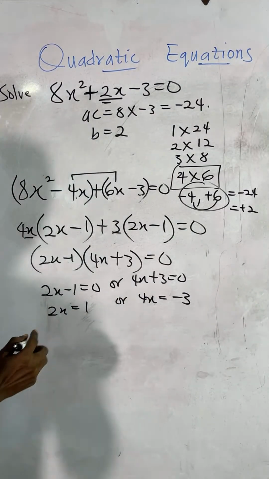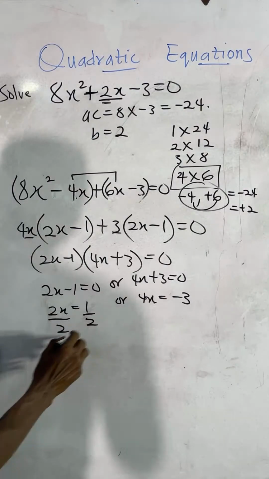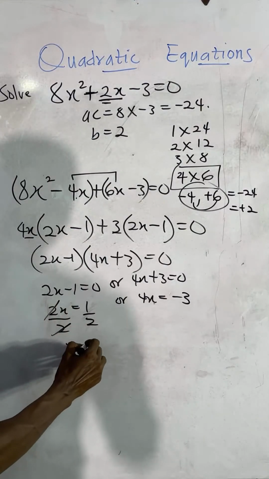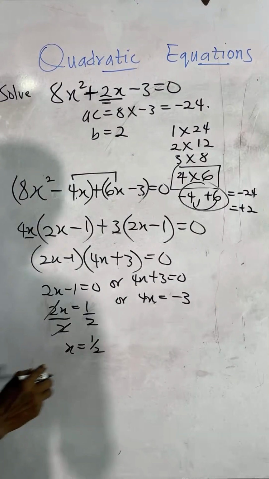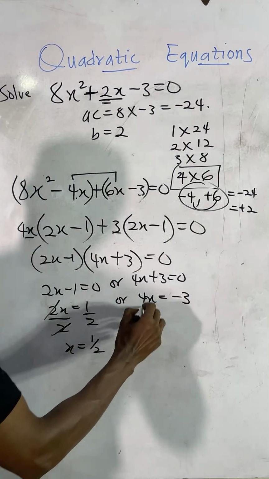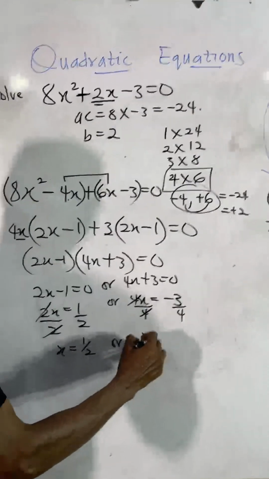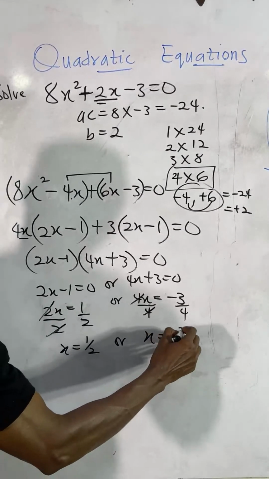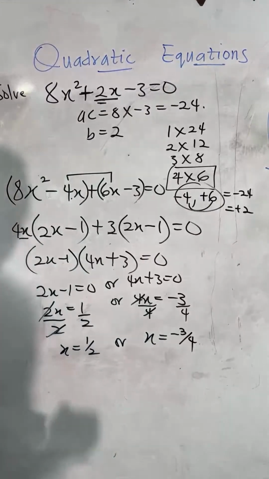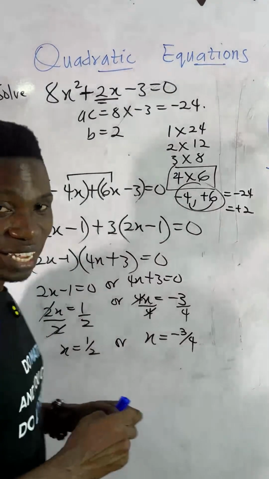Finally, we can divide both sides by 2 so that x equal to 1/2. Or to divide both sides by 4, in this case, x will be equal to -3/4. An interesting one, I guess.